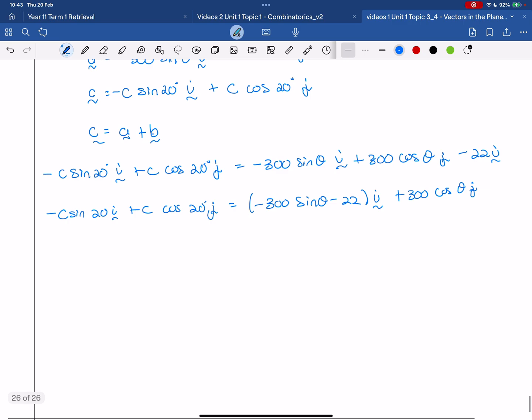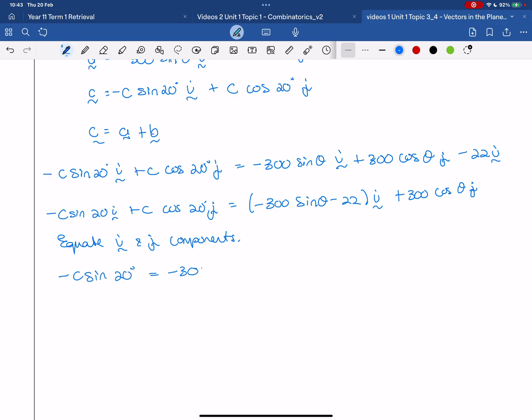And I can equate my i and j components, and I'm going to end up with a simultaneous equation. So negative C sine of 20 degrees equals negative 300 sine of theta minus 22.